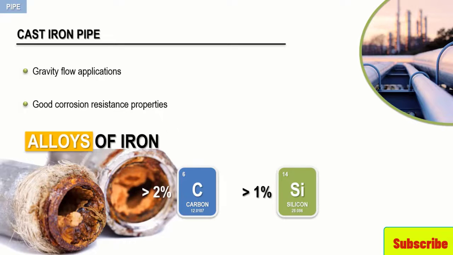So, considering the low cost of raw manufacturing materials and the relative ease of manufacture, cast iron is the least expensive of the engineering metals. These benefits make cast iron the choice application in environments that demand good corrosion resistance.